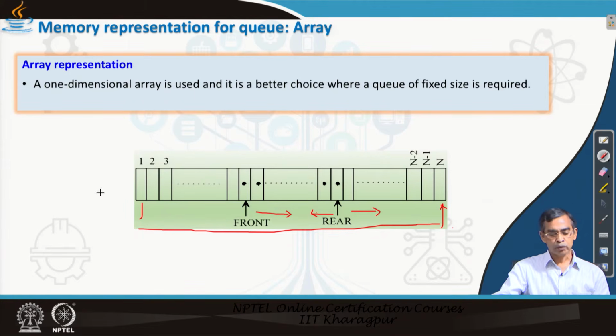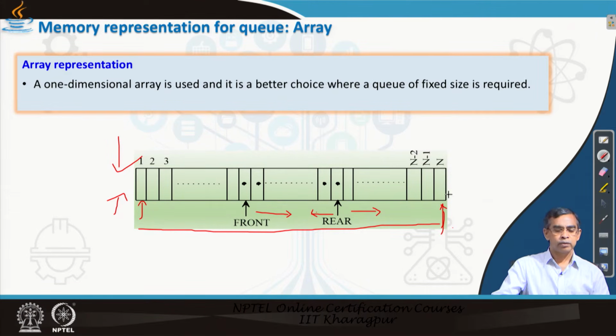While you are starting the operation, both front and rear are at the beginning, and when the queue is full, front is here and rear is here.